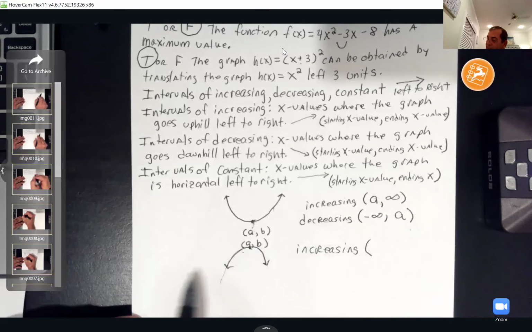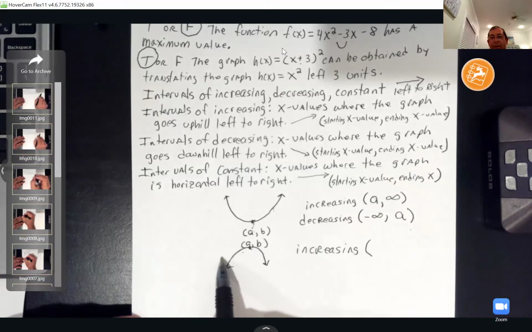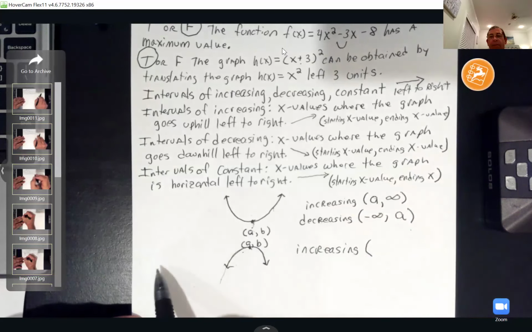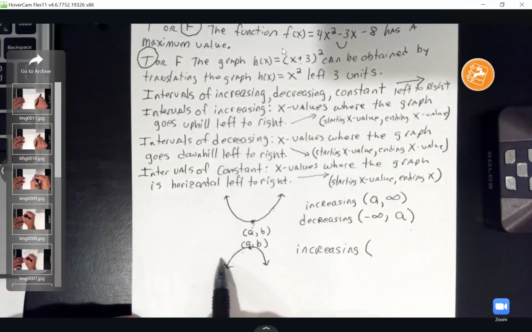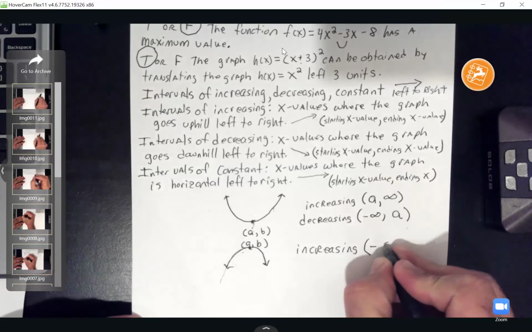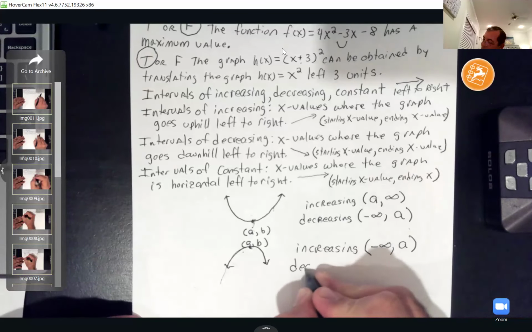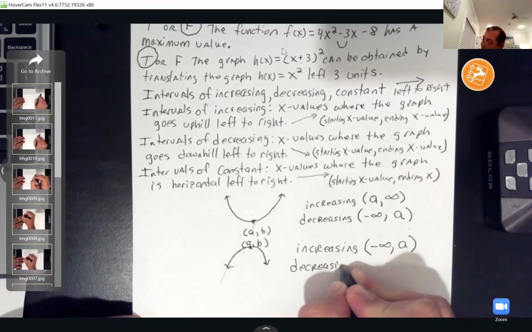Which means as I come in from the x's, my graph is increasing until it gets to that x value of a. So where's this one starting from on the left? Negative infinity, until you get to a. So how about decreasing?